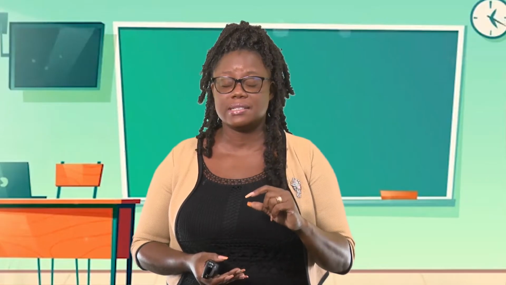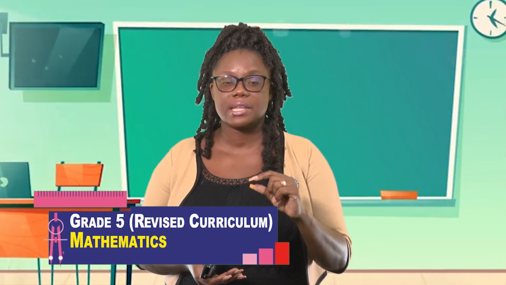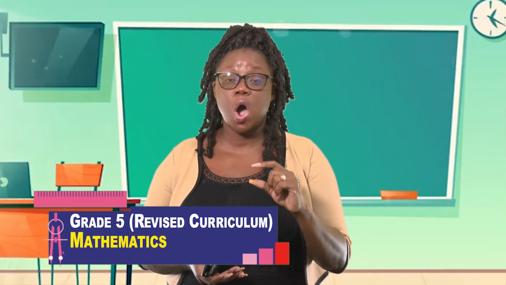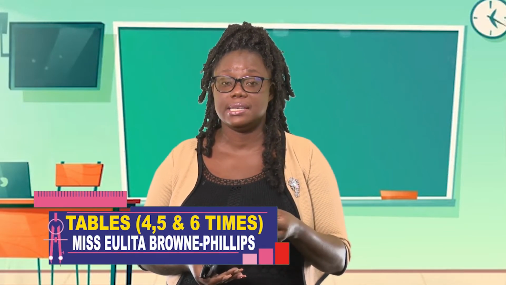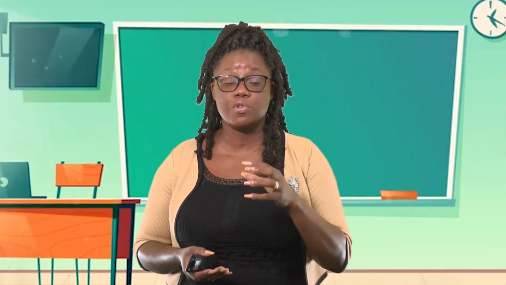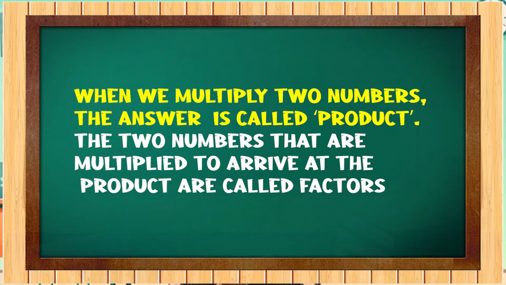So boys and girls, the first number tells us how many items, objects, or what is the quantity. The second number tells us how many groups. When we multiply two numbers, the answer is called the product, as we would have discussed previously.